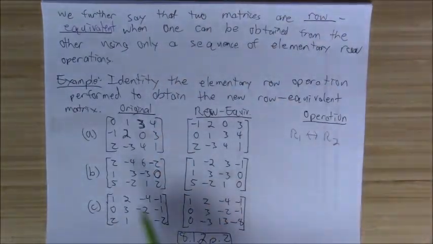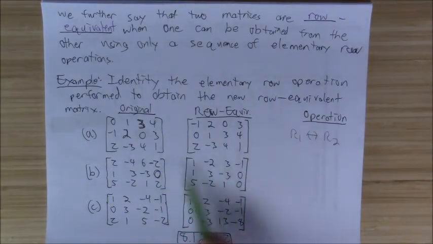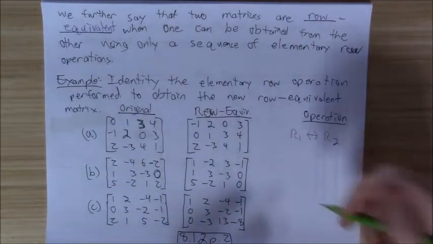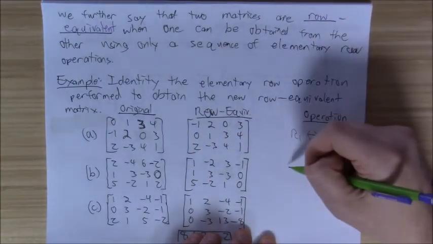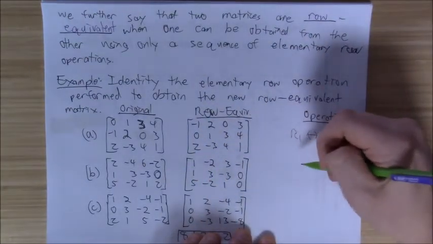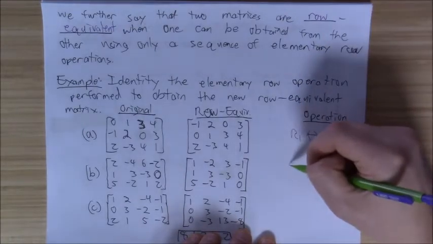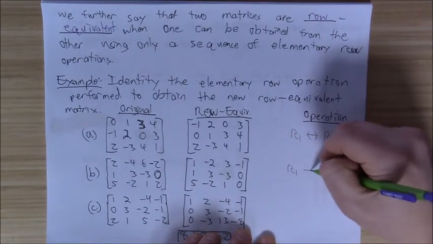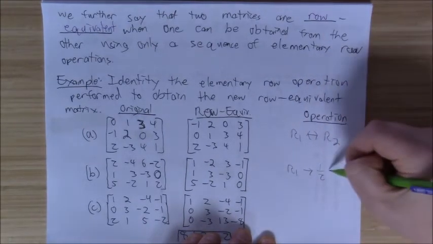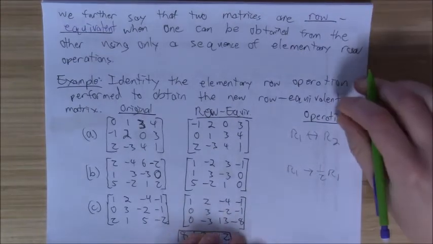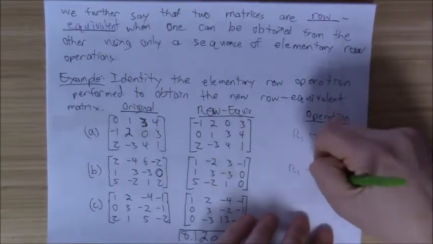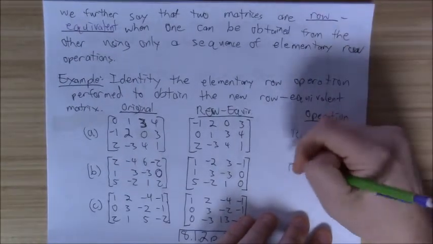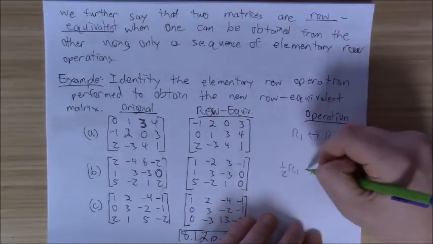Typos happen. But negative 1 is exactly half of negative 2. So what we did is we took R1 and made R1 into 1/2 R1. Or I guess I would say 1/2 R1 became R1.